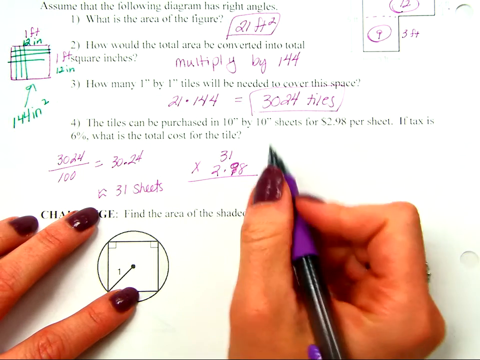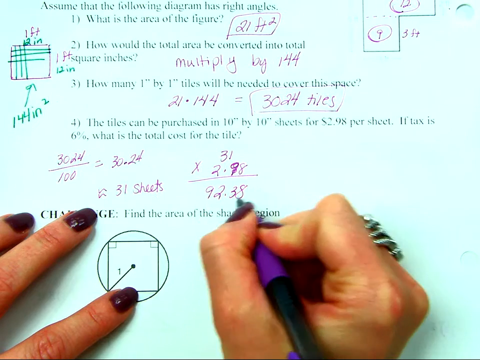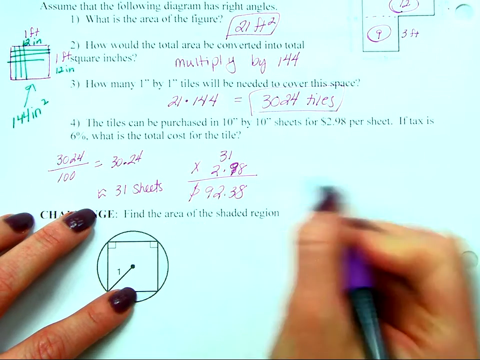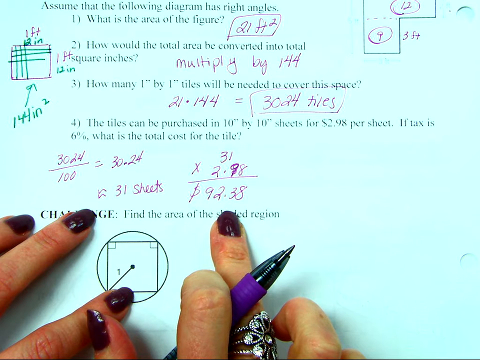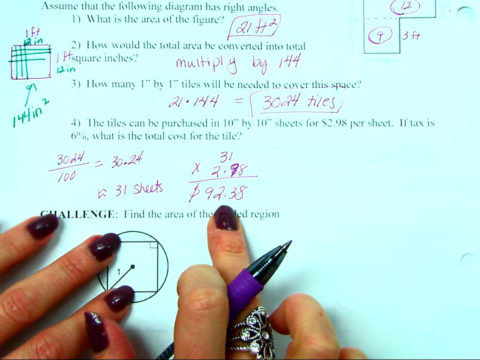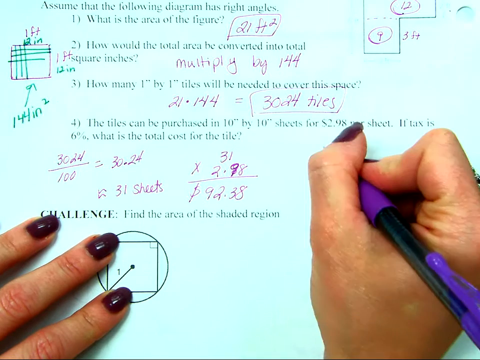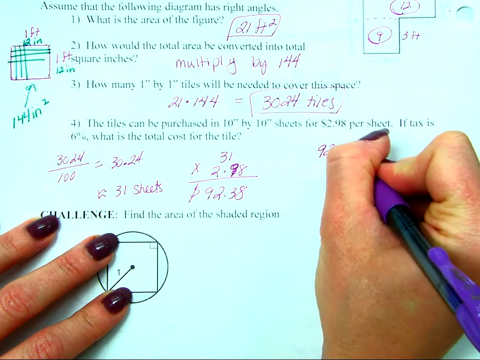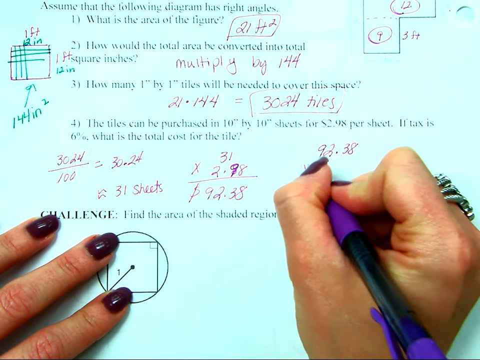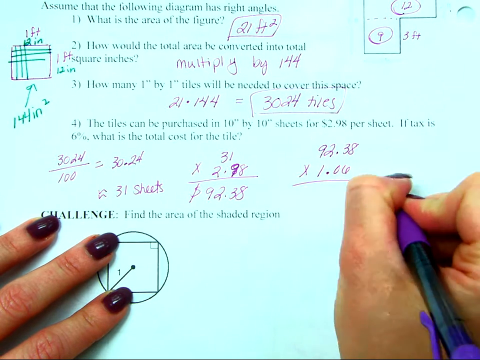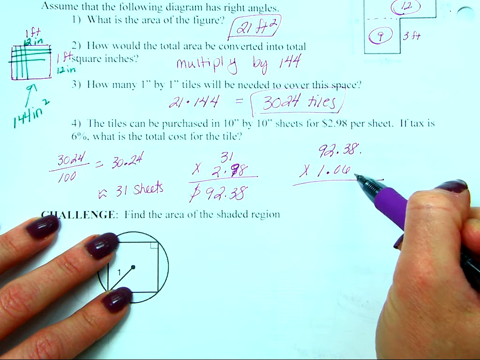Well, in my multiplication here, this 92.38 would be the subtotal. So this would be before tax. And now I need to think about a 6% tax. So I need to figure what 6% of this is and add it to my total. Or, since I need 6% in addition to 92.38, I'm just going to multiply it by 1.06, because really this is saying 100% of my 92.38 plus an additional 6%.